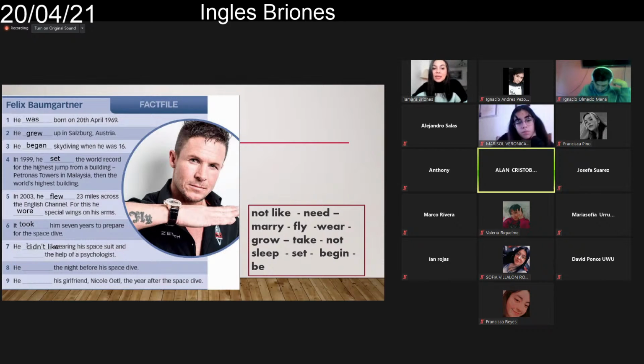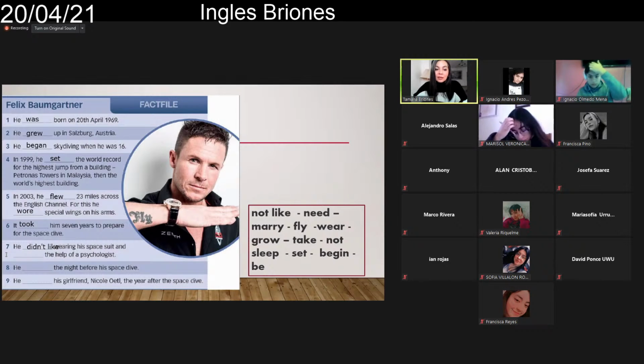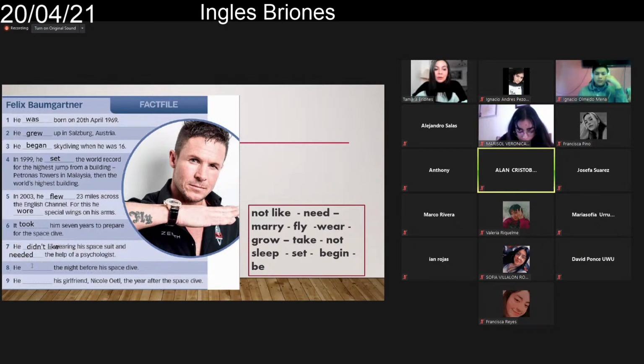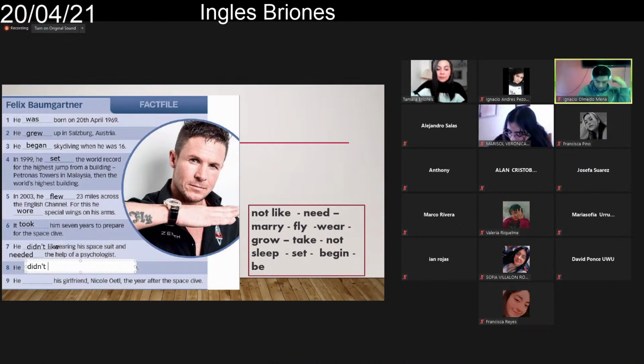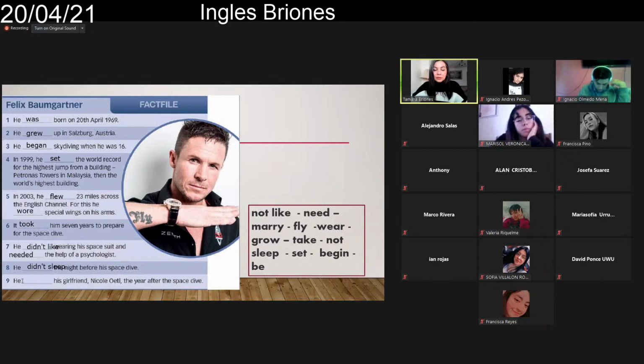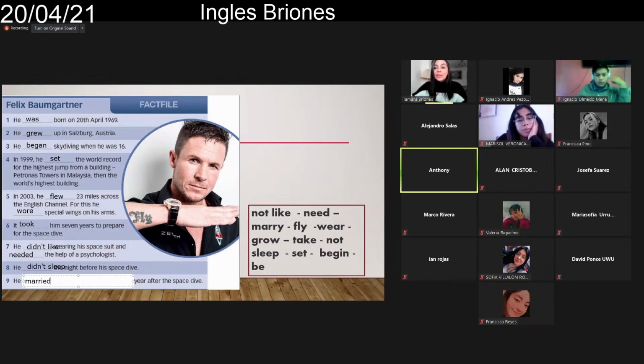And it says need, he didn't, needed, or no, and needed the help of a psychologist. Yes, he didn't like wearing his spacesuit and needed the help of a psychologist. Okay, number 8. Didn't sleep. And number 9. Married. Married.